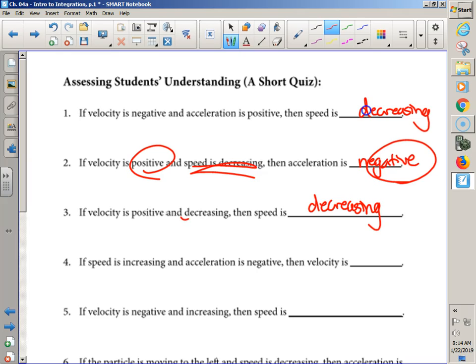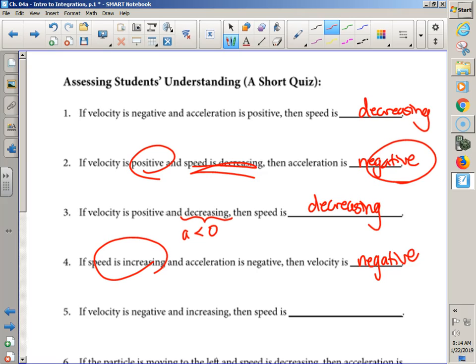If velocity is positive and decreasing, speed is not decreasing because velocity is decreasing, but because velocity is positive and acceleration is negative. Good. If speed is increasing and acceleration is negative, then velocity is negative because the signs need to be the same if speed is increasing. If something's speeding up and acceleration is pushing it left, it must have already been going left to begin with. Is this kind of making sense?